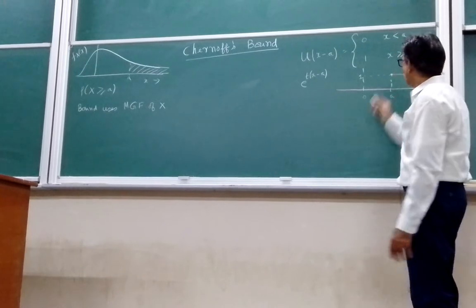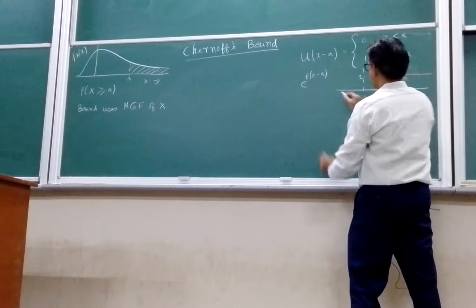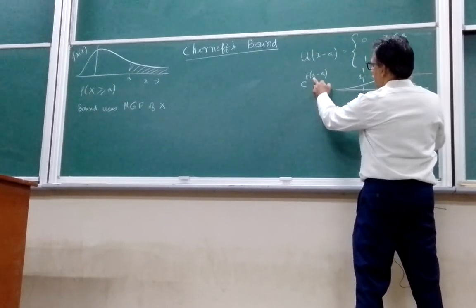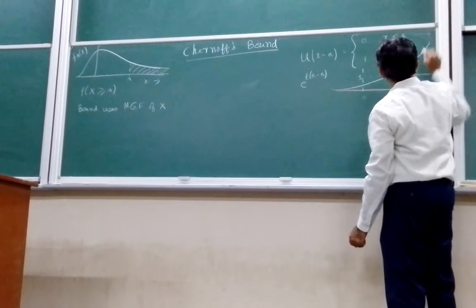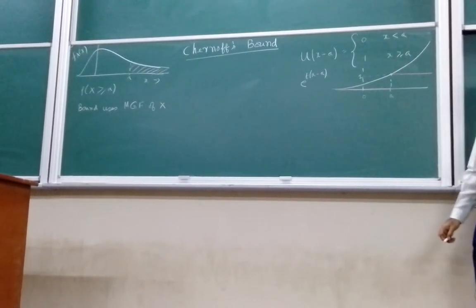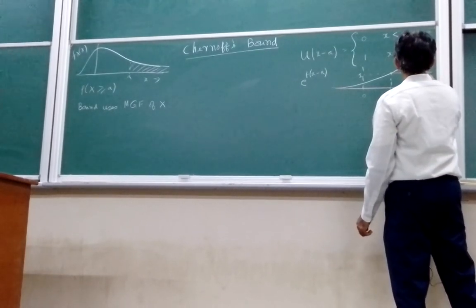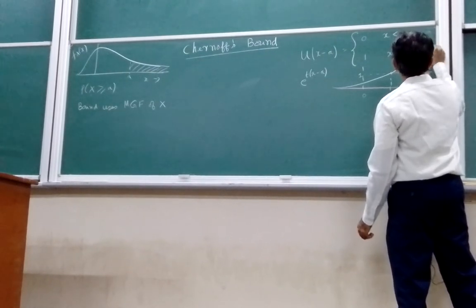For x less than a, it will be like this. And then when x exceeds a, it is increasing. It will be like this. This is u of x minus a, and this is e power of t into x minus a.